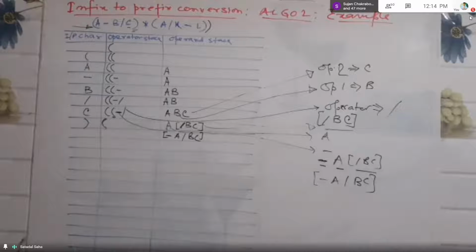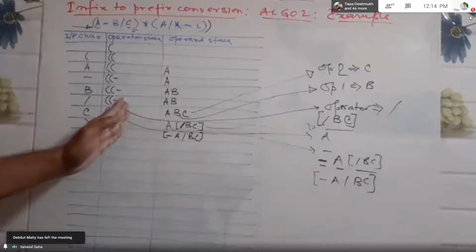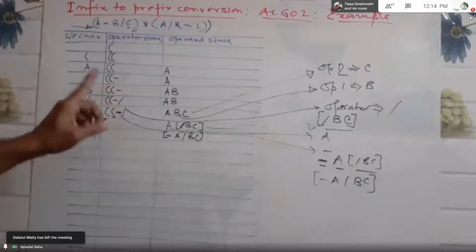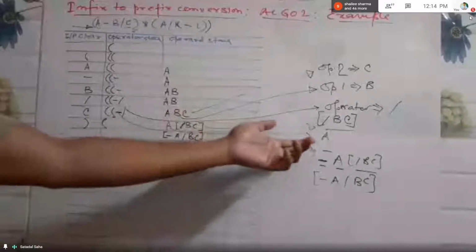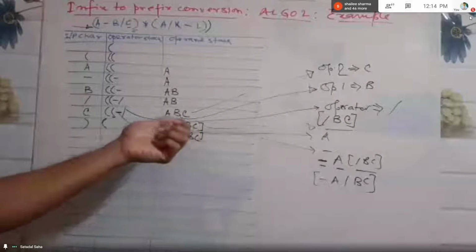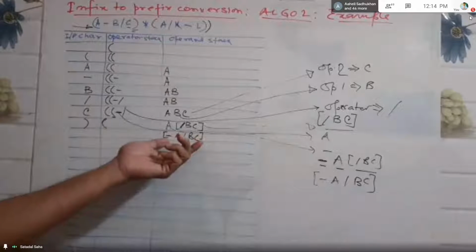In this case, after facing this closing brace, you have to search this operator. There are two operators. So for each operator, you need to pop two operands, concatenate with the operator, push it into the stack. You face another operator, so you pop two operands, you pop the operator, you concatenate, push it into the operand stack.